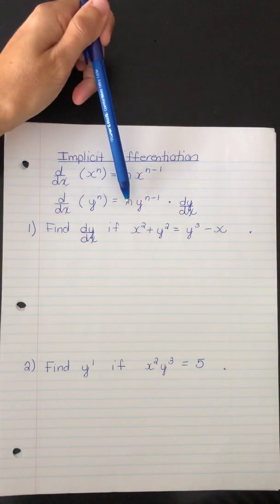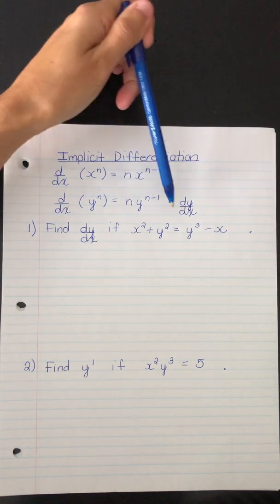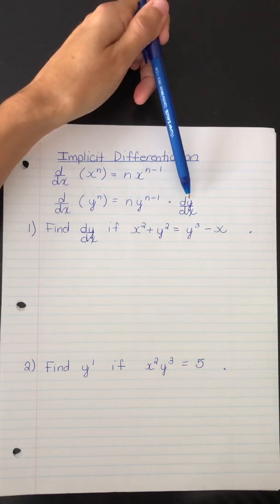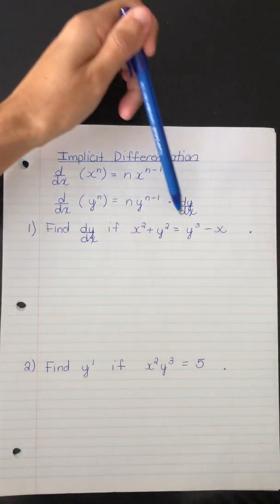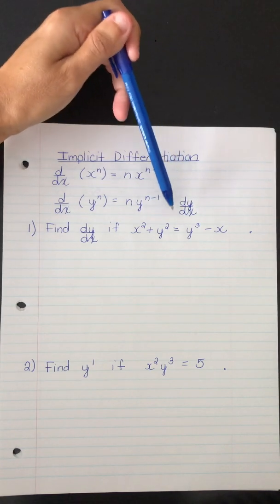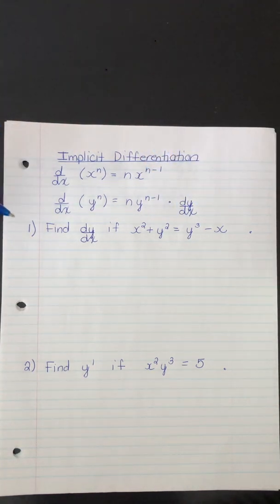So n in the front, n minus 1 for the exponent, but then we must remember that we would be multiplying by the derivative of y itself. In the chain rule examples we've done so far, this corresponds to the derivative of the inside of the bracket.